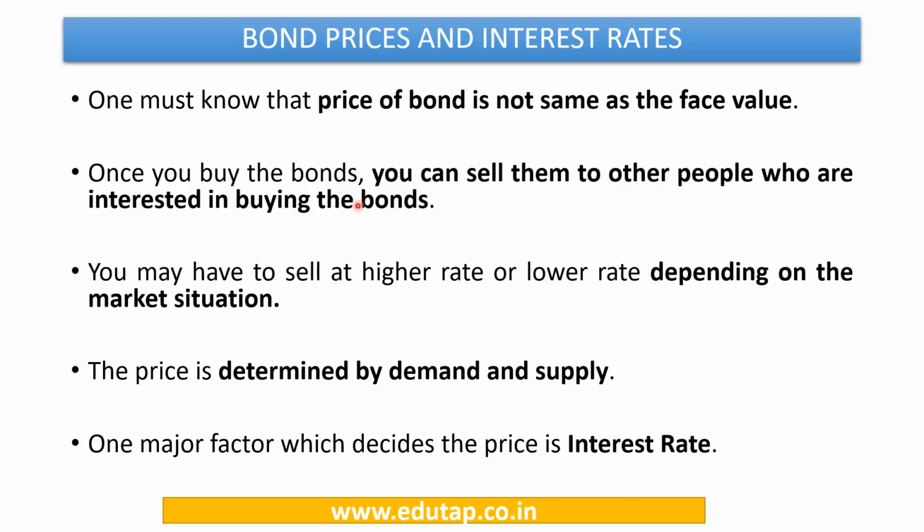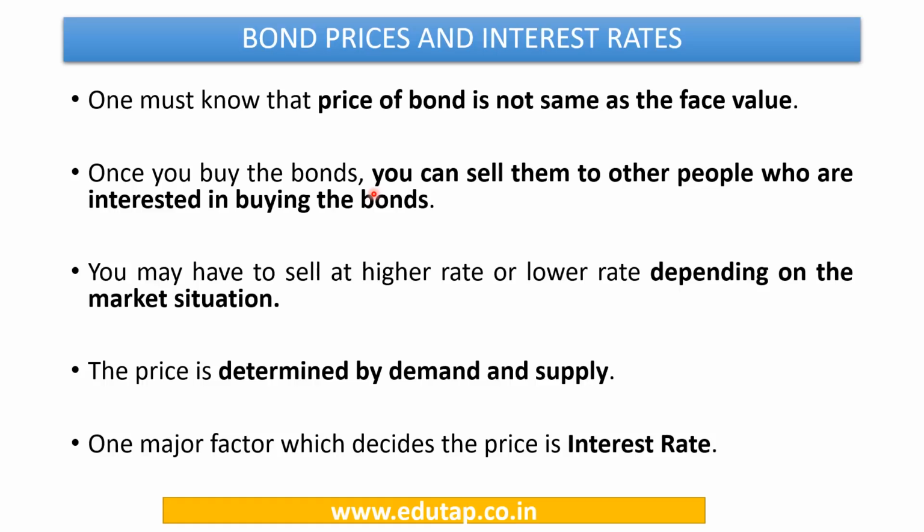Once you buy the bonds, you can sell them to other people who are interested in buying them, and there may be a situation when you get a higher price, or a situation when you get a lower price for your bond. So the price may be higher than face value, or lower than face value, which will depend on the market situation and different other factors, including interest rates.